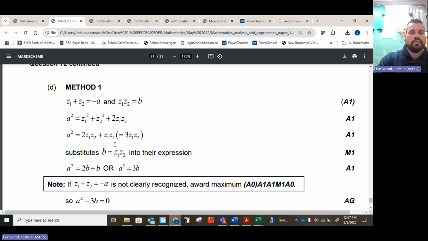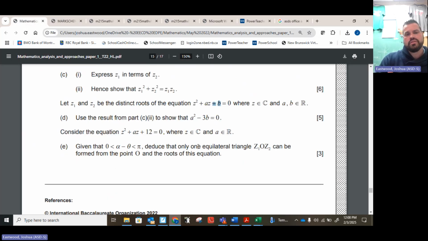And then you can solve it by saying, well, if Z1 plus Z2 is minus a, then if I square that, I get Z1 squared plus Z2 squared plus 2 Z1 Z2. And then Z1 squared plus Z2 squared uses the result. When it says use the results, you've got to use this little theorem that you just proved.